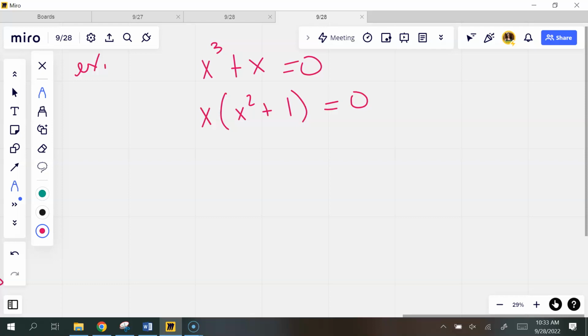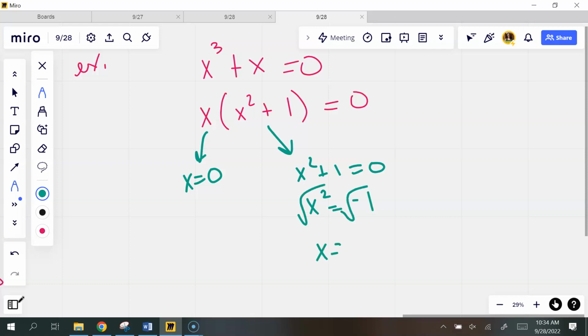Okay, is it completely factored? Yes. So I'm going to set each factor to 0. This is a factor, so x equals 0. You are half right. Well, a third right, because that's one of the 3, but unfortunately that's only 33% of the solutions. Now I would need the other 67%. Close. That's half. There you go, plus or minus i. 1, 2 solutions, and there's my third.